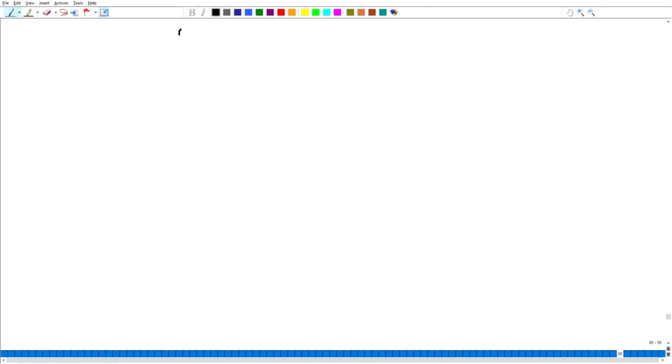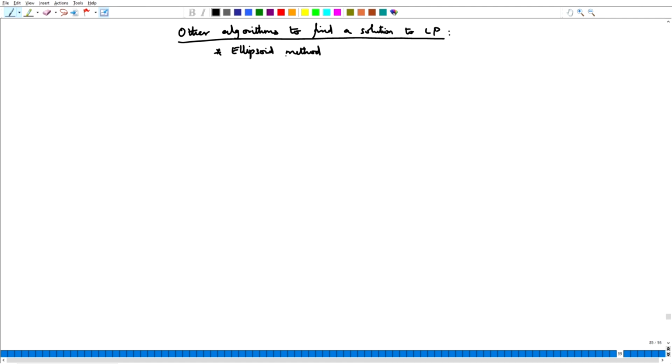There were a few other methods, for example the ellipsoid method. Maybe you can look at these methods if you want. These are other algorithms to find a solution to LP, and this is one method that you would find often when you search for algorithms to solve LP.